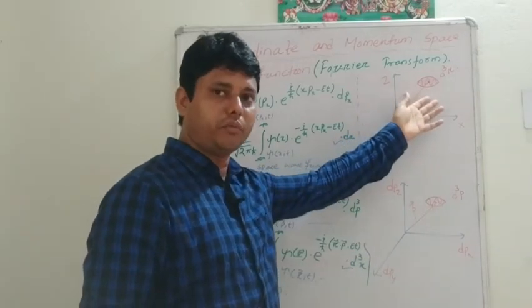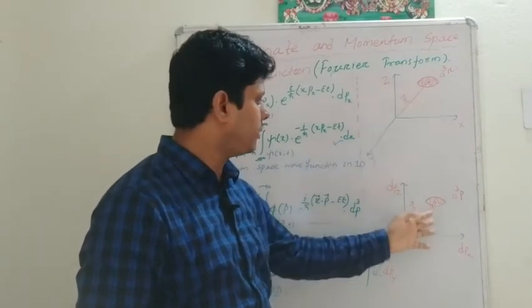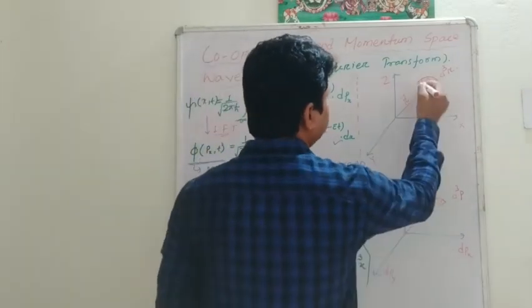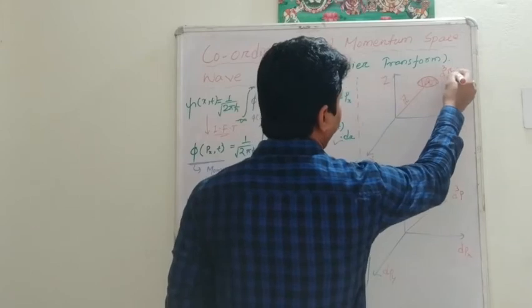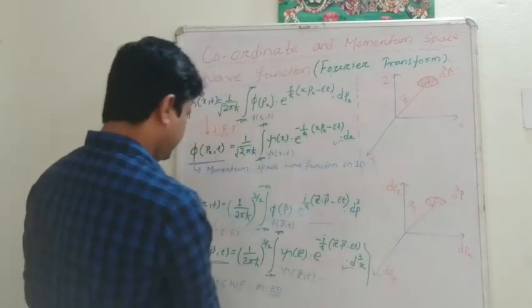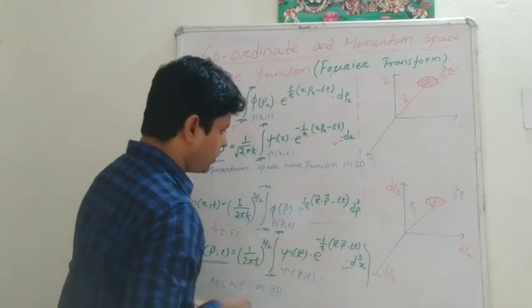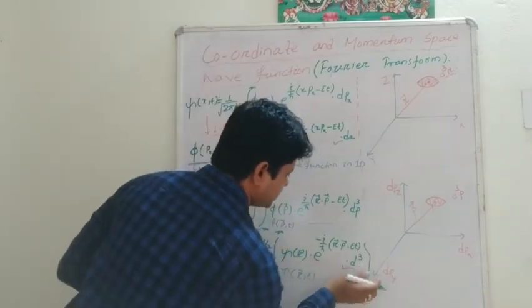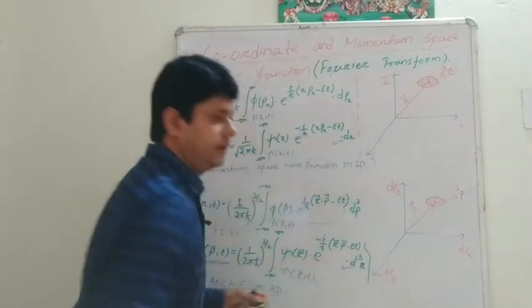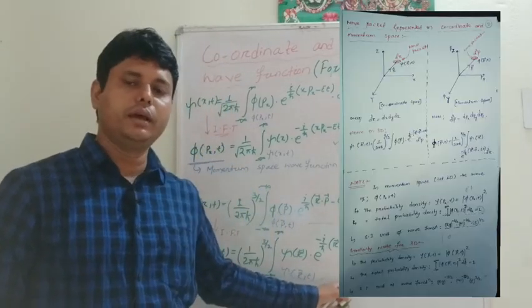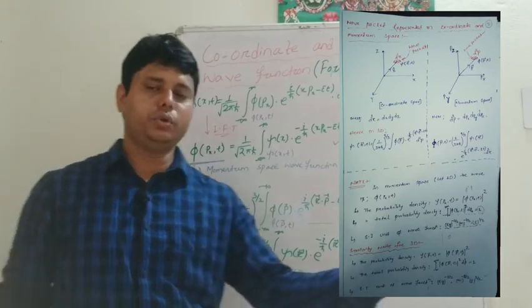This is the 3D form. Coordinate space and momentum space. So here the particle is there. This is the volume element, that is dqr. We found that this is dqr, not dqx, mistakenly I wrote dqx. You can find in this note, this is written dqr.